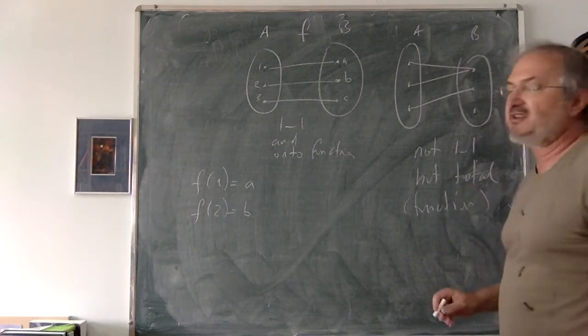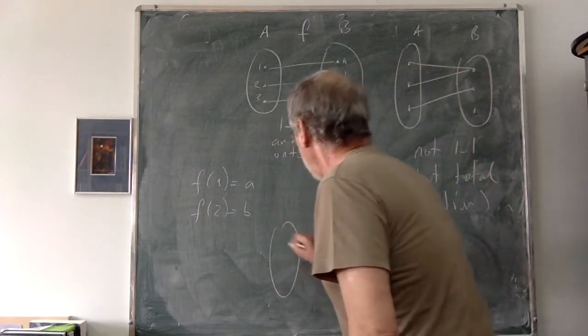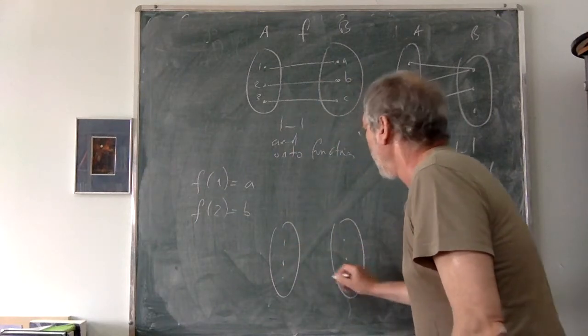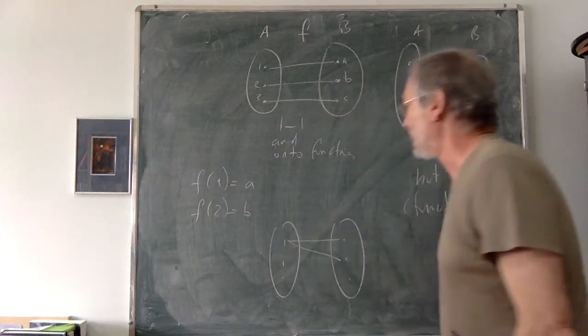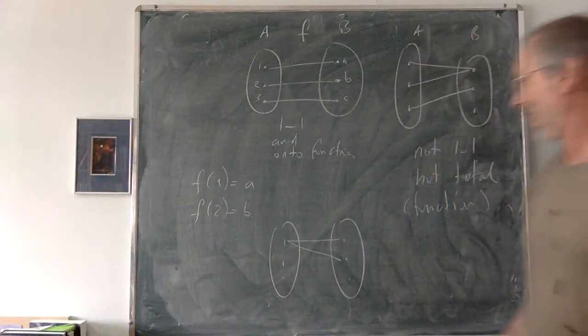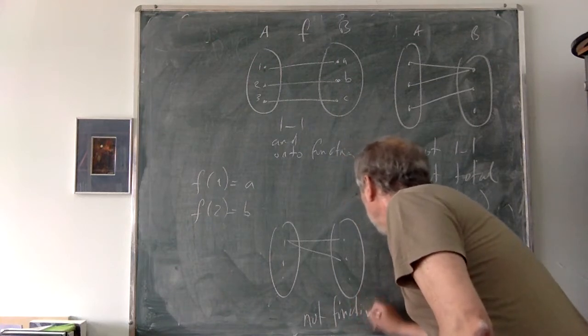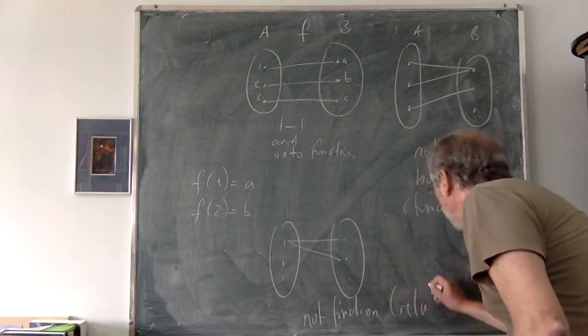What is not a function is mapping, for instance, one thing to two different things. This is not a function, but it's a relation.